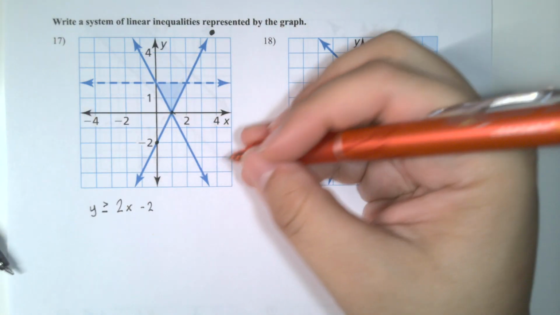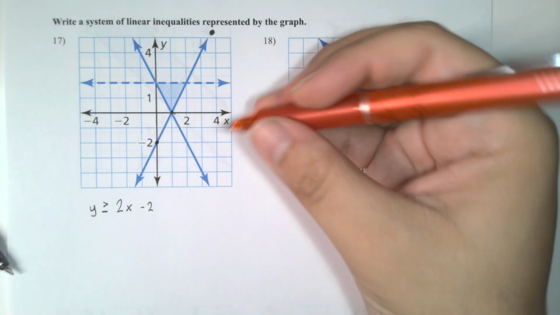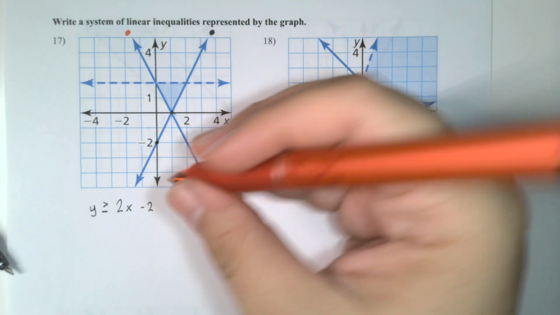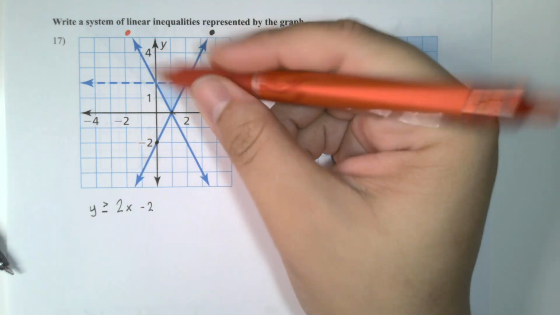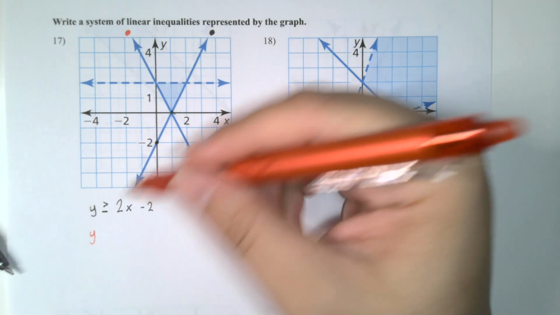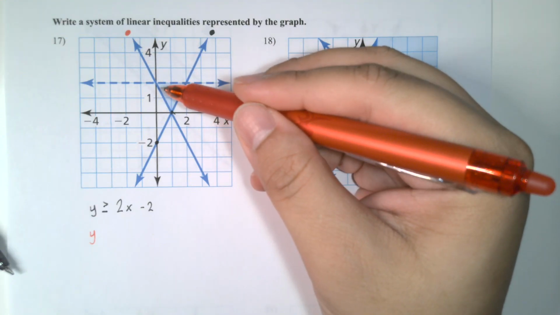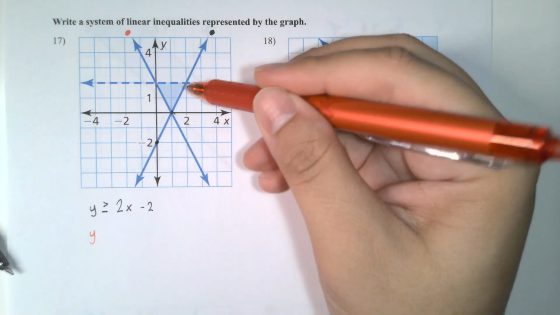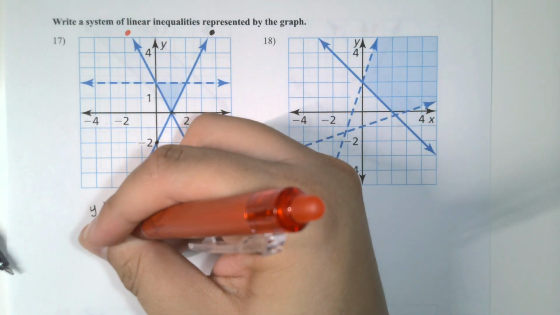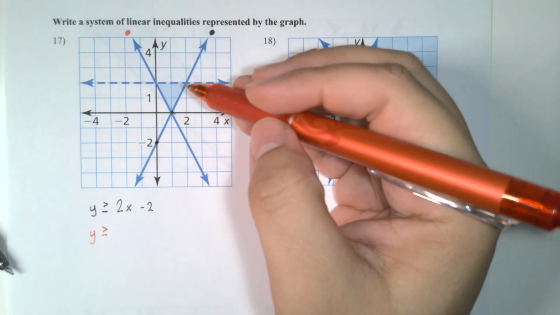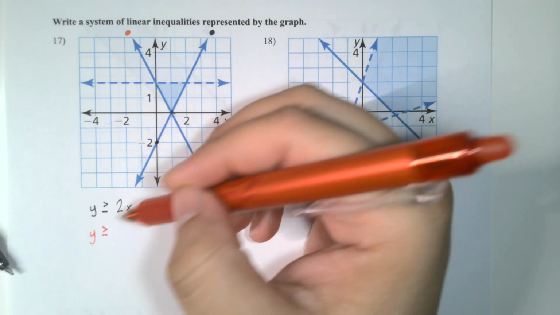The next one, it doesn't matter which one we do. Sure, I'll do this other one. Same process. We know that it's a solid line. So we're going to have y, and we know it's going to be or equal to, but notice that it's also shading above that line because it's shading everything in this little triangle up there. This is going to be y is greater than or equal to as well. Let's see if we can just work with the slope here.